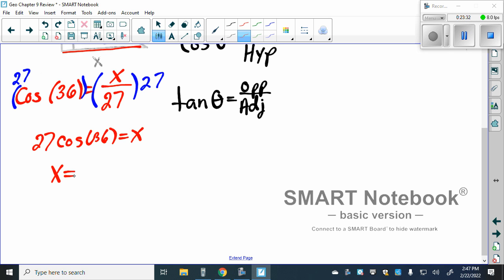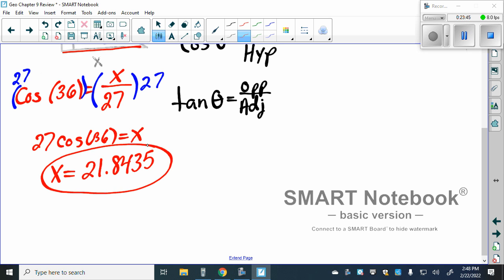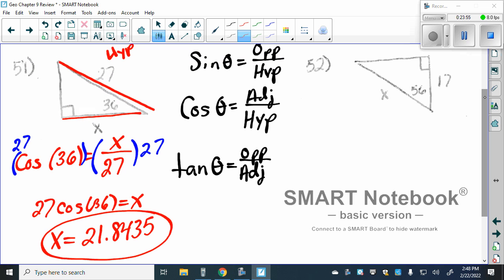And at this point, we can plug it into the calculator, which would give us 21.8435. If you guys want to go 2 decimal places or 4, either one works. And that's all we'd have to do for this here. Any other questions on 51?